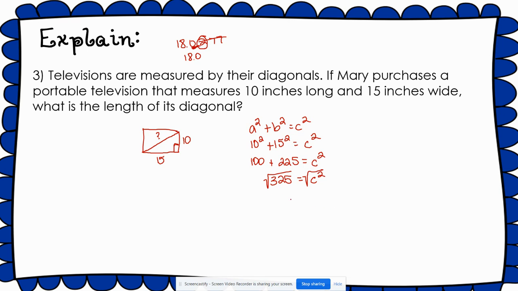So the square root of 325, although it is not exactly 18, we're going to say that it is approximately 18. So for this, the length of the diagonal is approximately 18 inches. So that means that they would say that this TV measures 18 inches since TVs are measured by their diagonals.